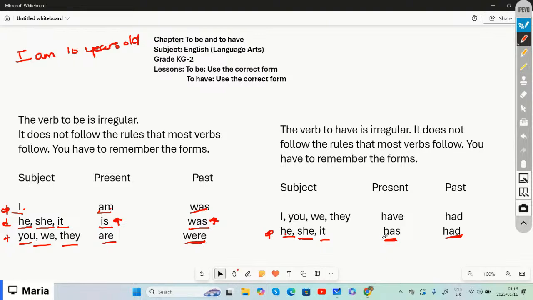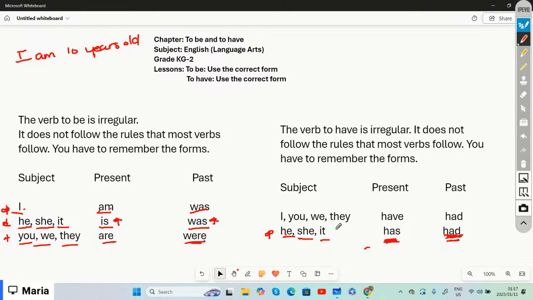It's like saying he has a PS5. Last year he had a PS4, for example. She has an iPhone 14, 13. Last year, in the past, she had an iPhone 10, for example.